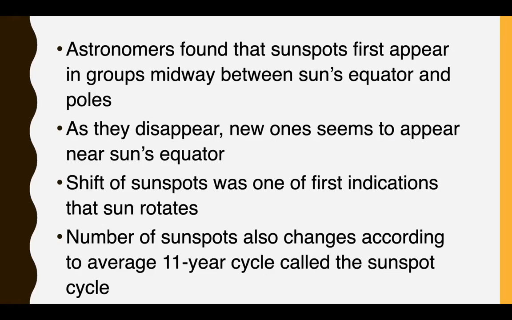And the number of sunspots changes according to an average 11-year cycle called the sunspot cycle. So every 11 years. And I forgot to check where we are in the sunspot cycle at the moment. Sunspot cycle 2022. Ooh.